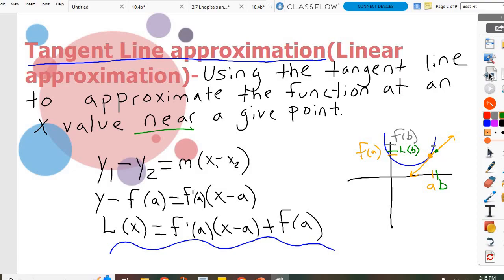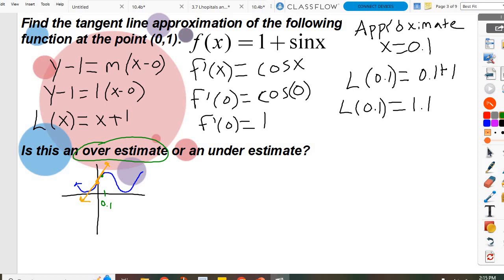Under. Okay. Would there be a way to decide if it was an over or an under estimate without even seeing the graph? Or is there a general rule that we can come up with? Notice that this is increasing and that is increasing. You're on the right track. It is a characteristic about the graph that we want to look at.